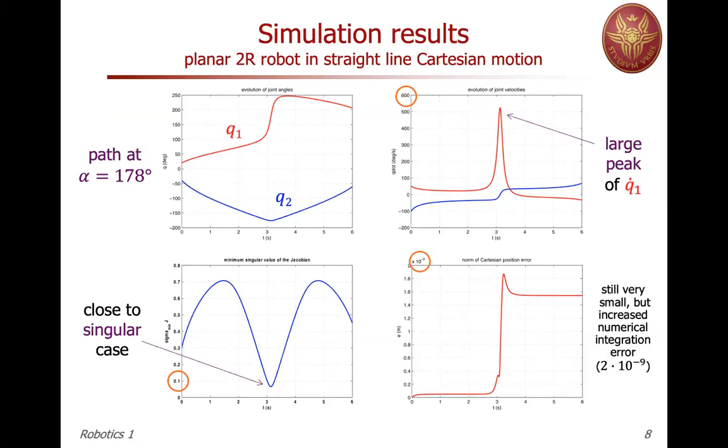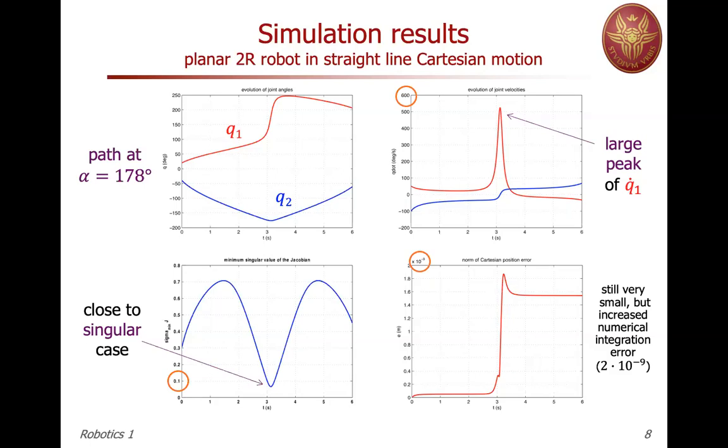So from the position, you don't notice much, although there's a large variation close to the center. In fact, if you look at the velocities, in particular the velocity of joint 2, not of joint 1, you see that from an average value of 90 degrees per second, you have a peak which almost reaches 800 degrees per second, and for a few instants, when you're getting close to the singularity. And in fact, if you look at the measure from the singularity, you see that you started with 0.3 as before in the same configuration.